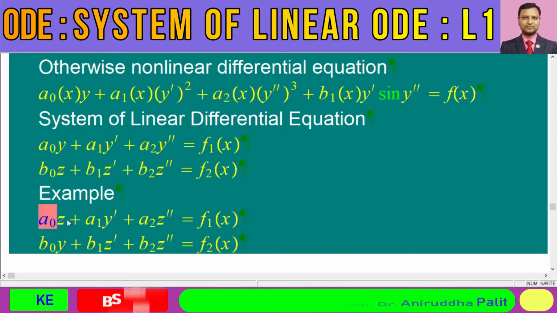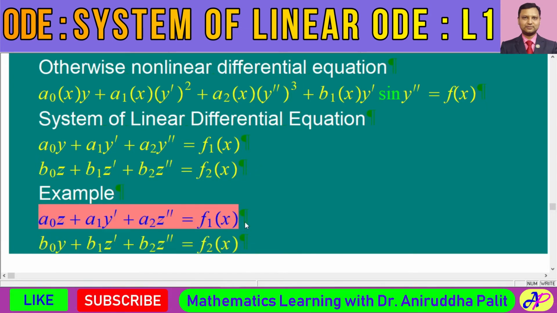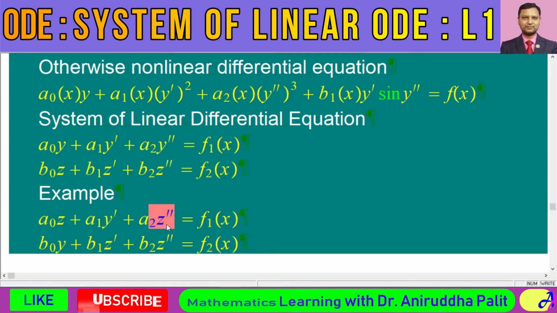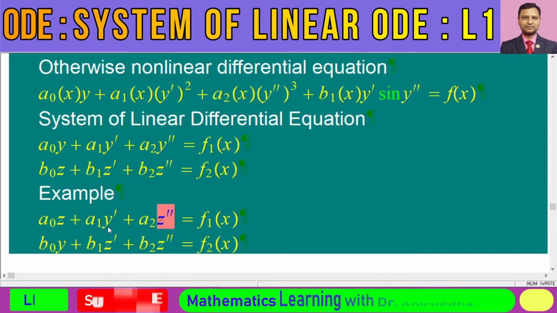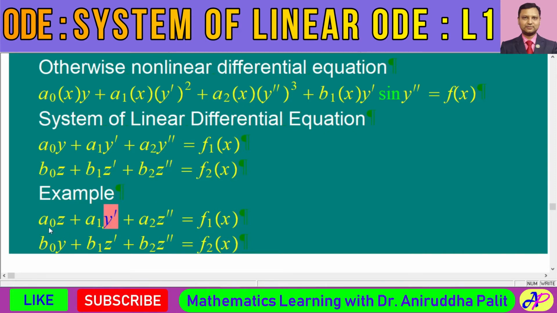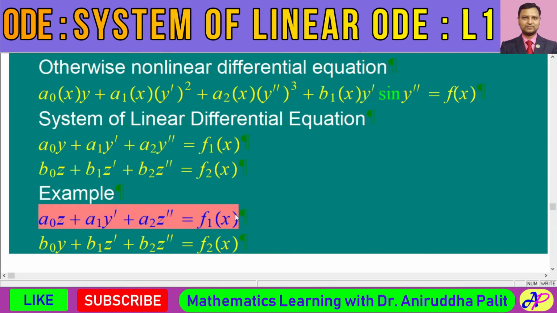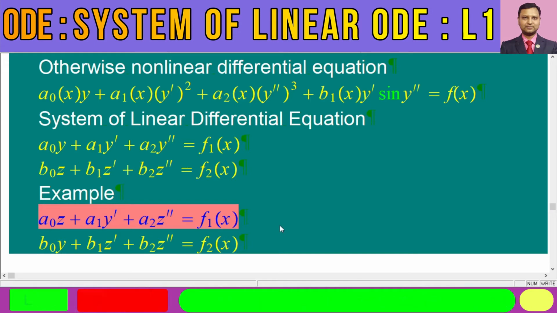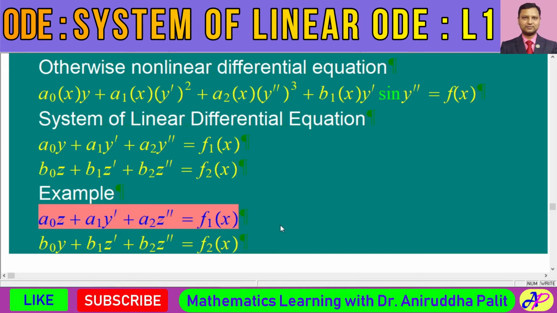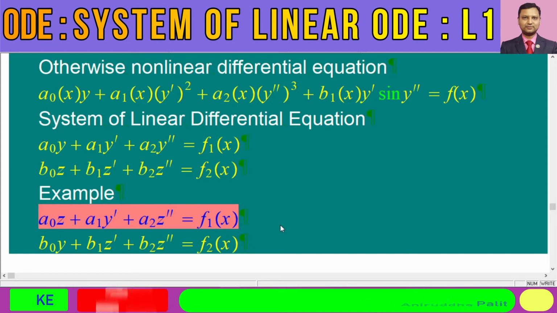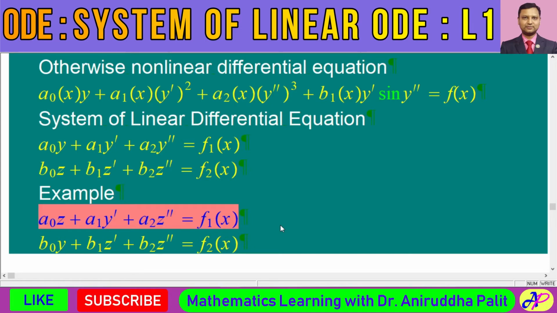But if you look at this example, the first equation is a linear differential equation, no doubt, because the power is always equal to 1: the power of these dependent variables, z double prime to the power of 1, then y prime to the power of 1. But both of these equations have two dependent variables.